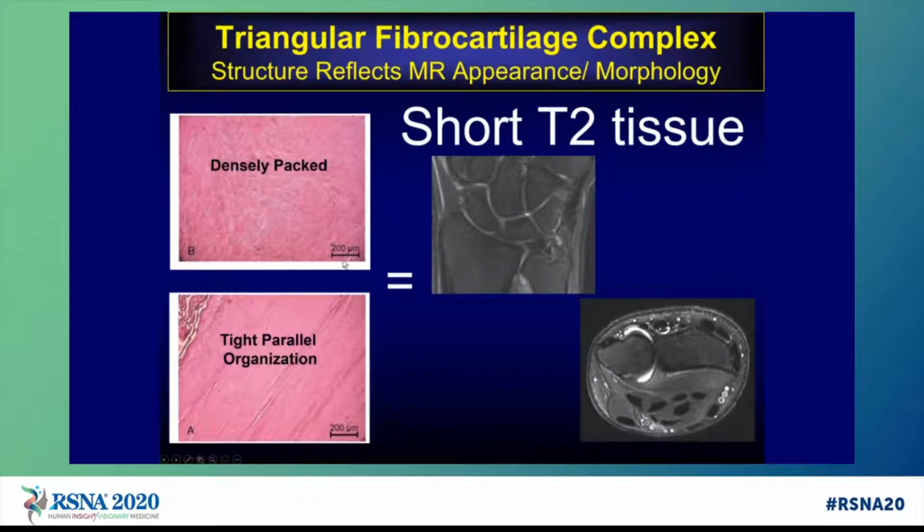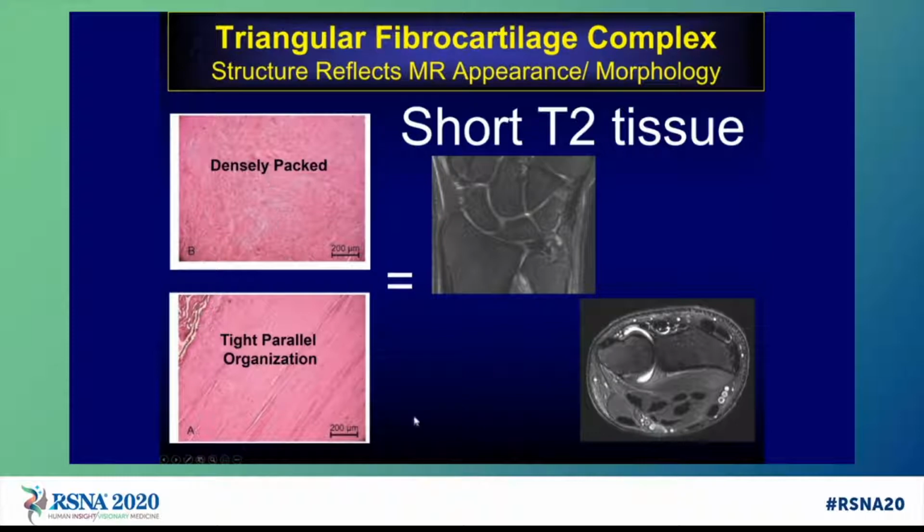So again, the histologic structure really helps us to understand the MR appearance, both the morphology and the signal intensity, the densely packed tissue reflecting the triangular fibrocartilage proper, the tight parallel organization representing the appearance of ligamentous structures.